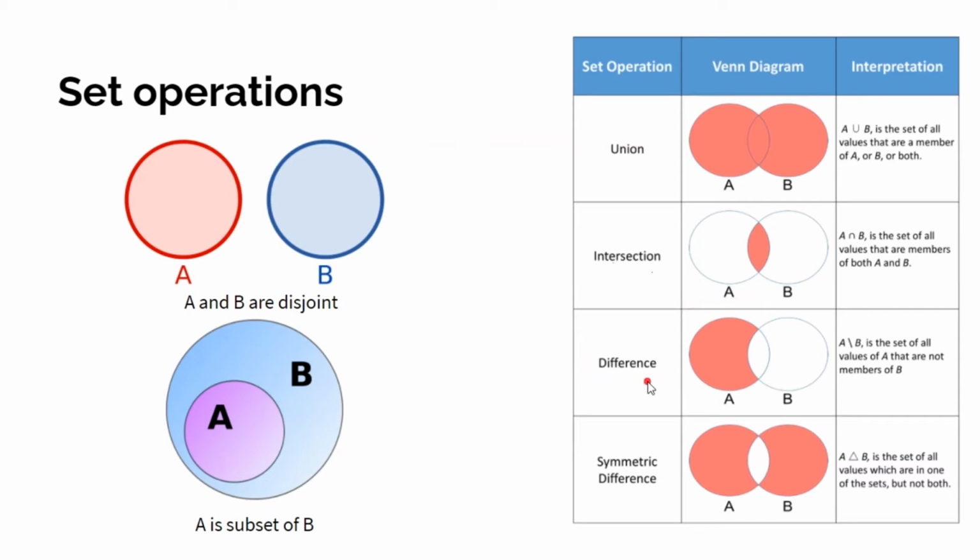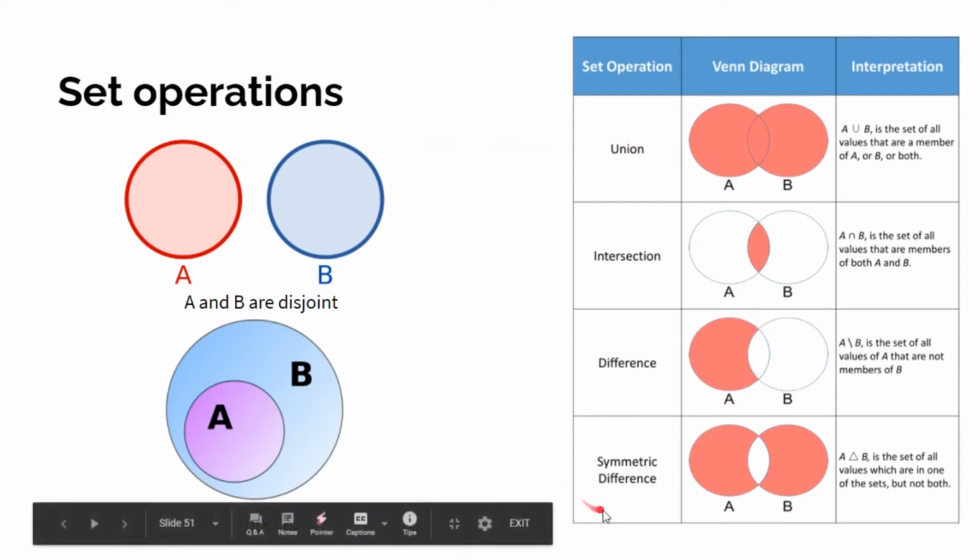If you write difference between A and B, then it will give you the elements that are present only in set A, not in set B. Now we have symmetric difference. Symmetric difference will give you all the elements that are present either in set A or set B, but not in both.